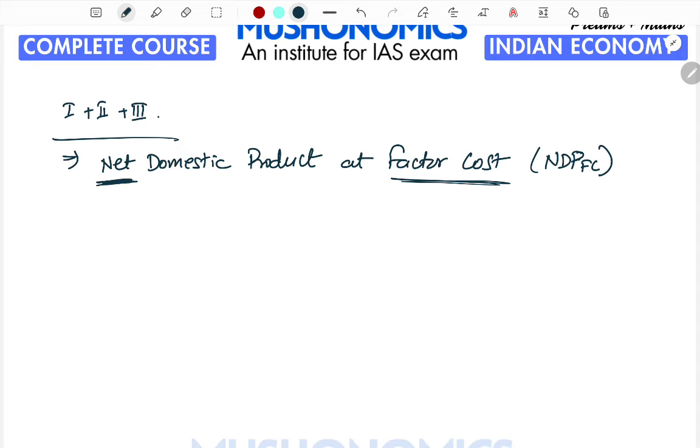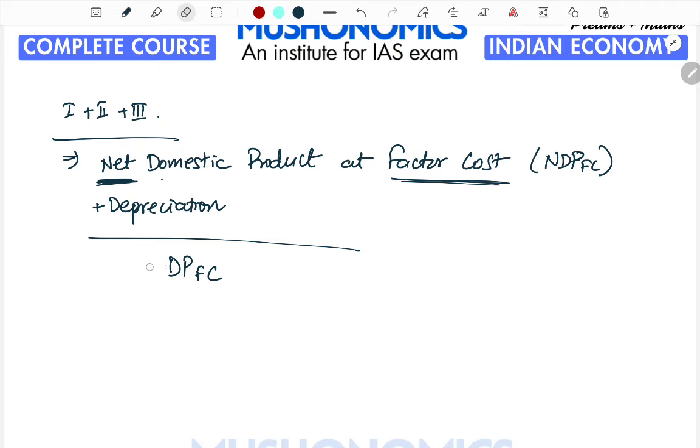So the variant of GDP that we get through income method is net domestic product at factor cost. Now if we want to get GDP at market price, what changes can we make?